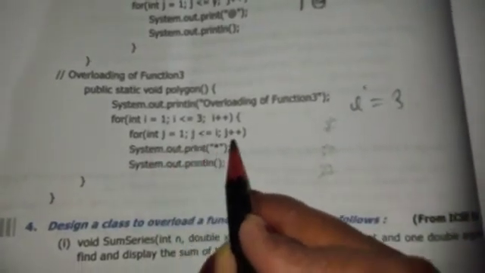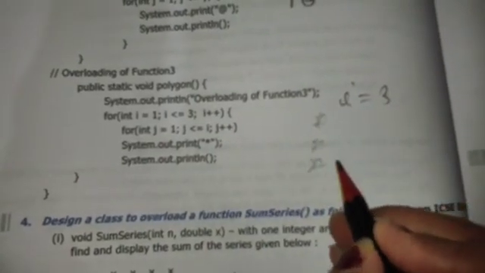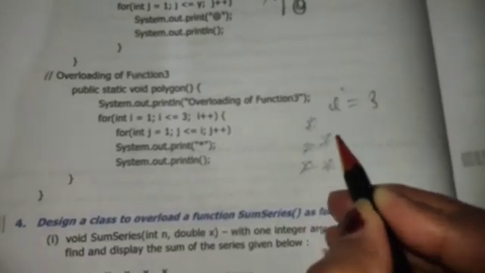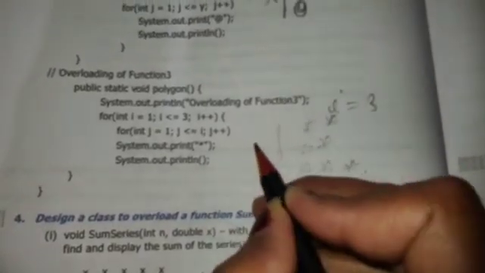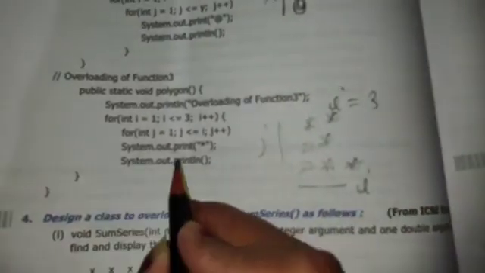So the value of i is 3 and the value of j is less than or equal to i. The value of j should be lower, meaning it is decreasing here. This is j and this is i. We will print a star and then a blank.